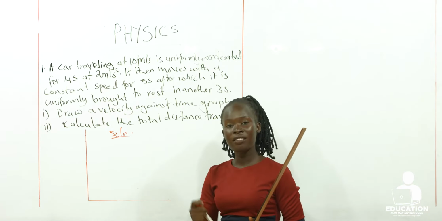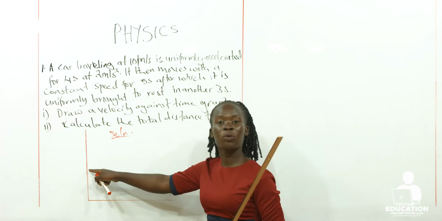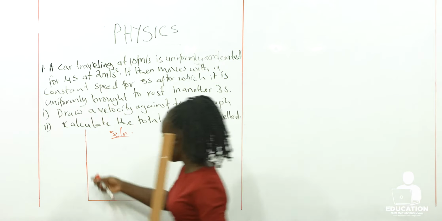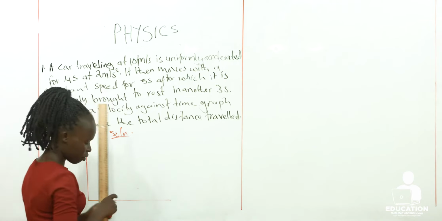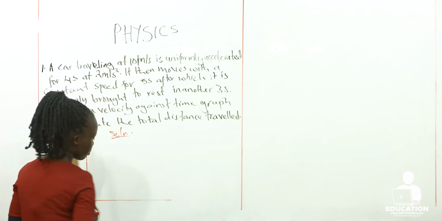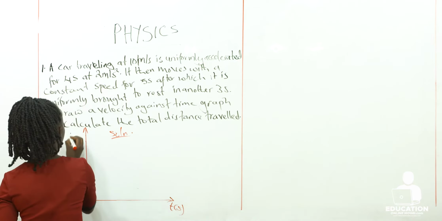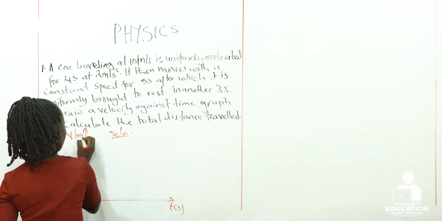So instead of starting our acceleration from this 0 point here, we shall start it from a point where the body had already attained the 10 meters per second, somewhere along this line. Here we shall have our time in seconds, and here our velocity in meters per second.